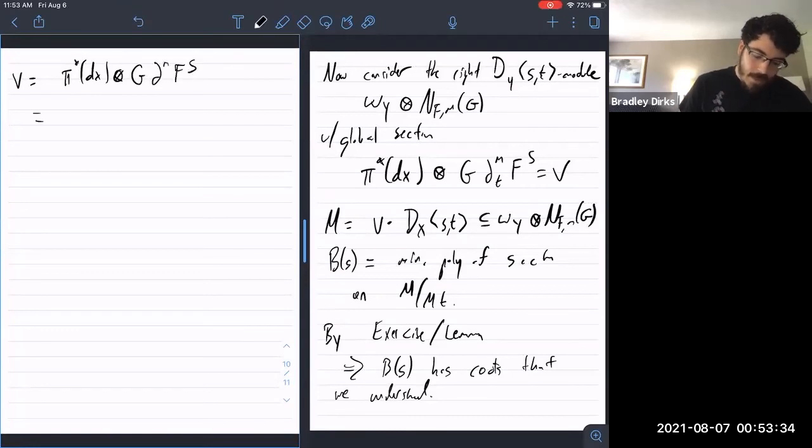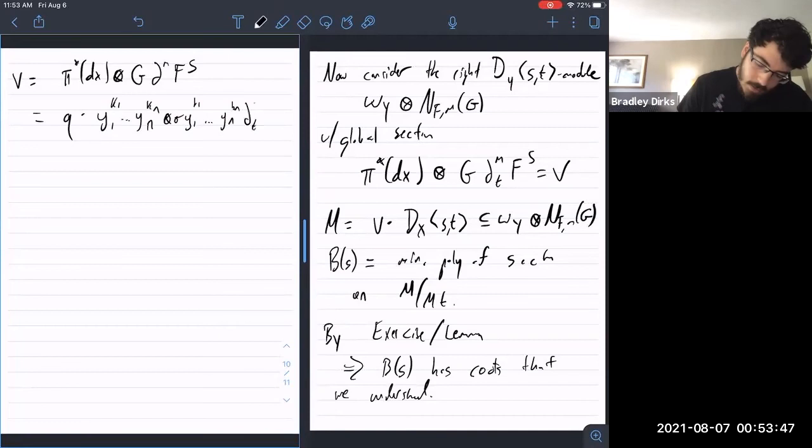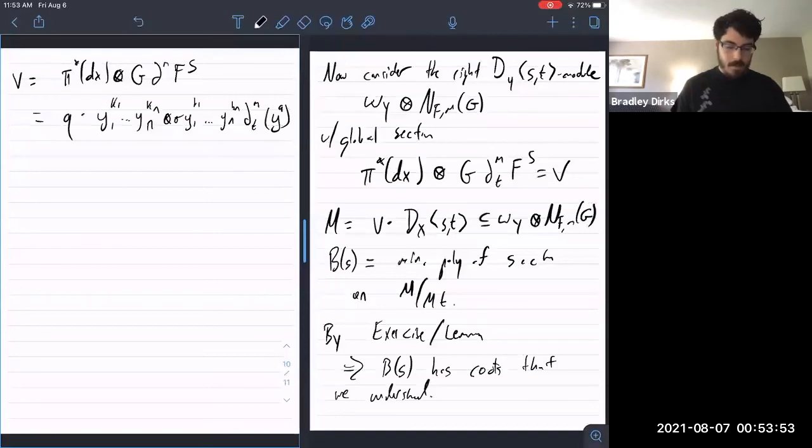This was really that unit times y_1^{k_1} ... y_n^{k_n} tensor y_1^{b_1} ... y_n^{b_n} dt^m. I'll write y^a s for shorthand.